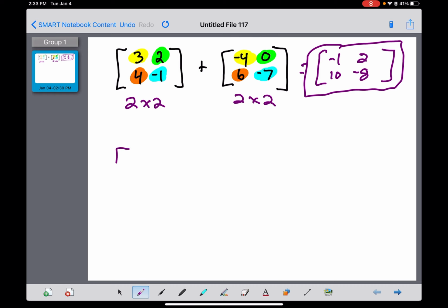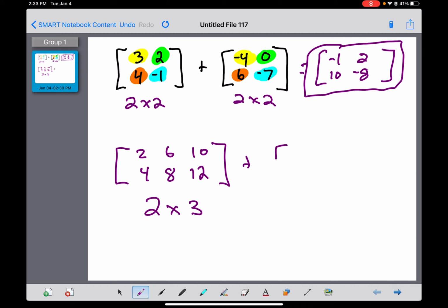Then we said, let's say I have a 2 by 3, so 2 rows and 3 columns: 2, 4, 6, 8, 10, and 12. Could we add that to something that was 3 rows and 2 columns, with 4, 1, 6, 2, 3, and 8?